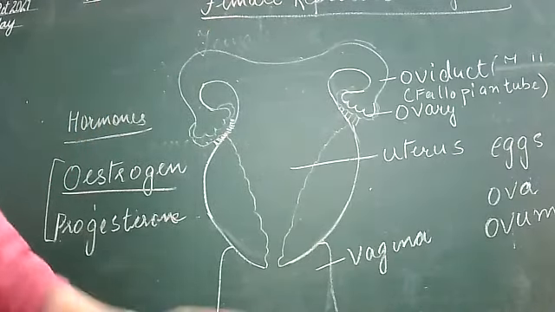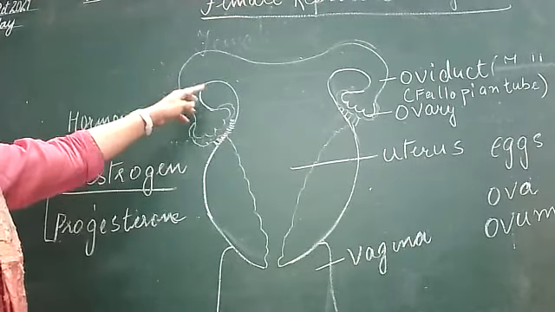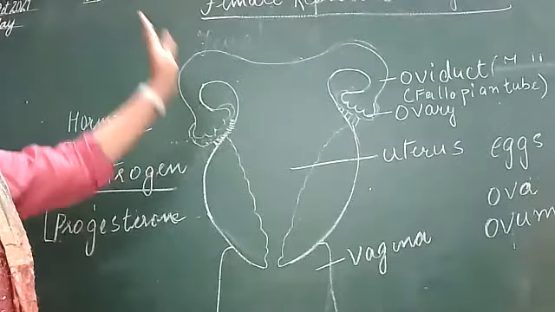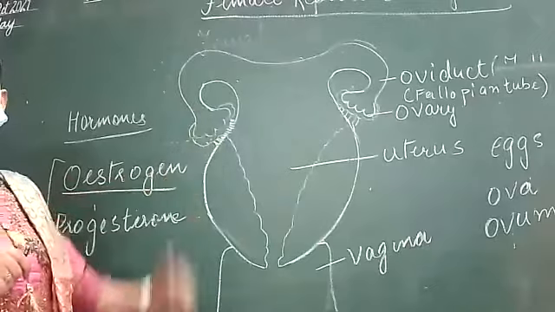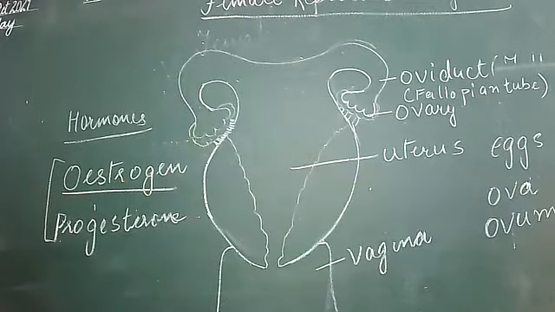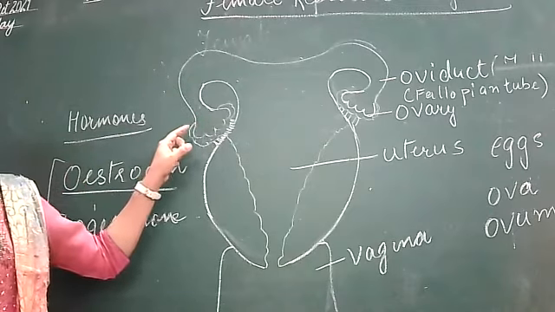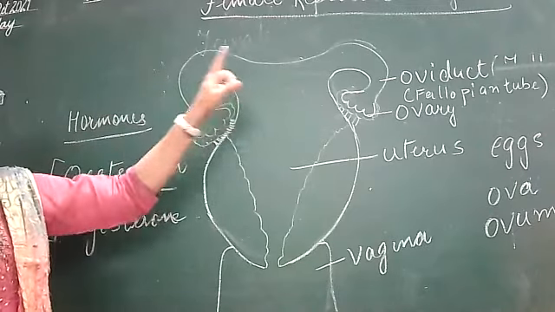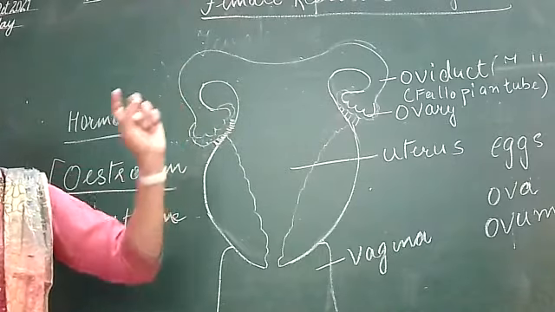Now, see here, they are very thin and they are coiled, twisted, not straight. They are thin and very much coiled and they are muscular. They have muscles. Got it?